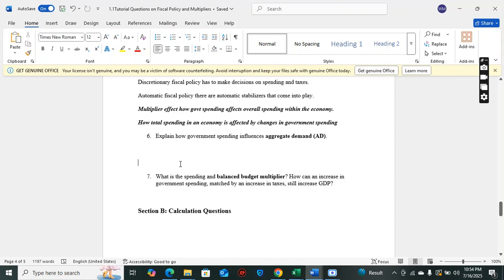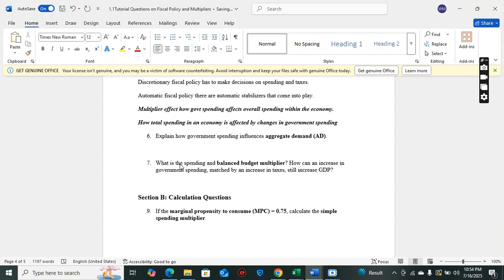Then we've got this final question, which is what is the spending multiplier and the balanced budget multiplier?